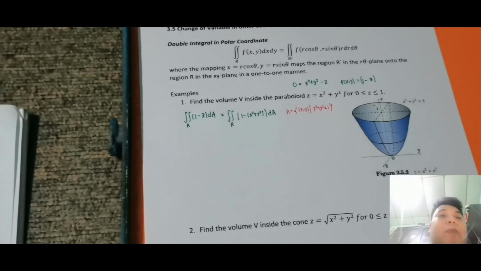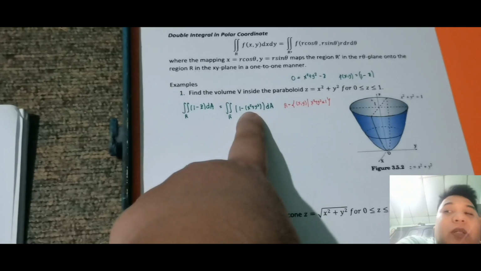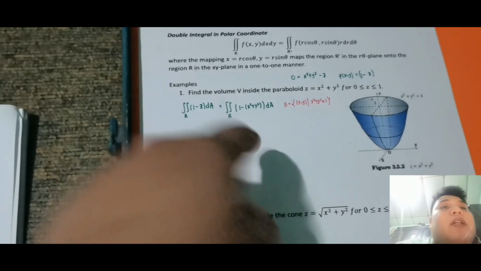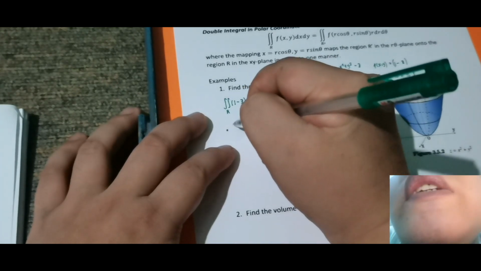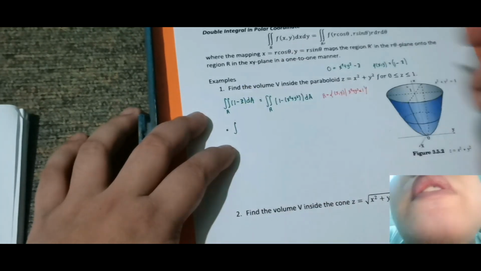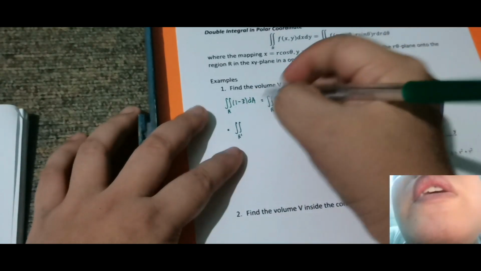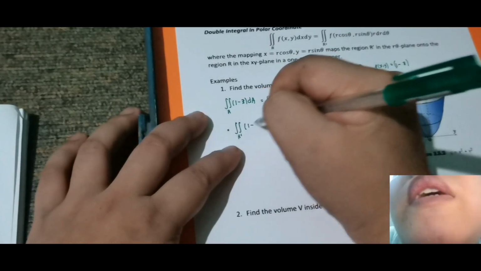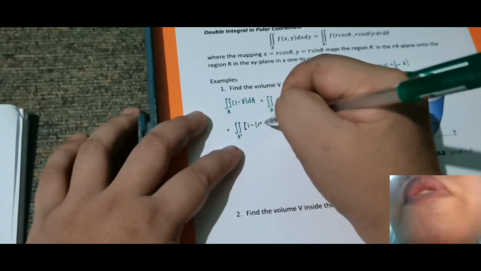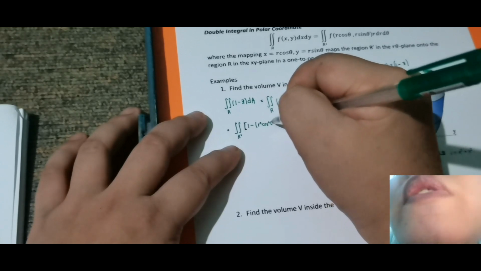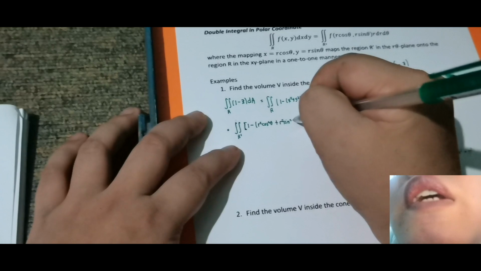So this is just the double integral along the region R prime. I'll put the boundary later, and for now put the value here: r squared cosine squared theta plus r squared sine squared theta.